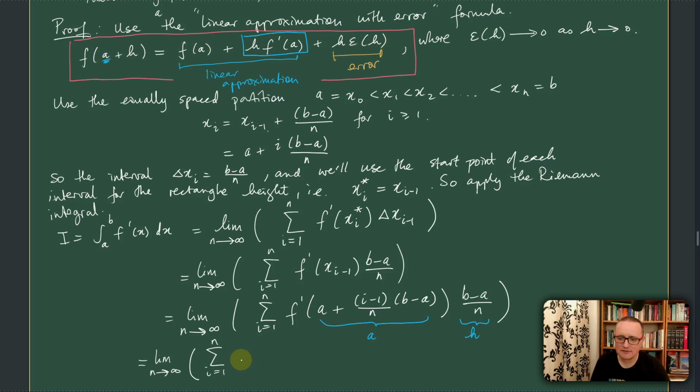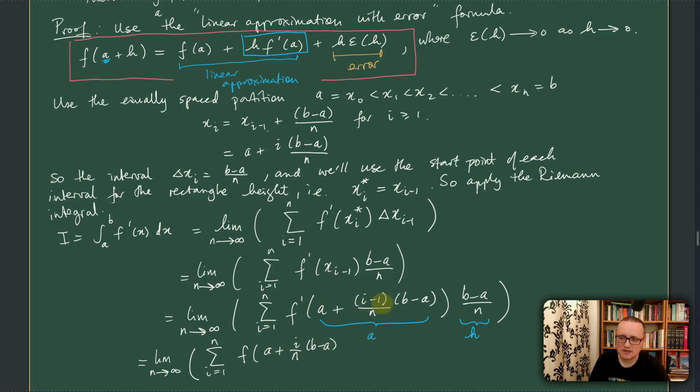What we're actually going to have here, so this is all under the scope of this summation, is f evaluated at a plus h. Okay, so a here is the term xi minus 1. But then we're going to add on one of the increments h to it. So I'm actually going to be looking at a plus i over n times b minus a.